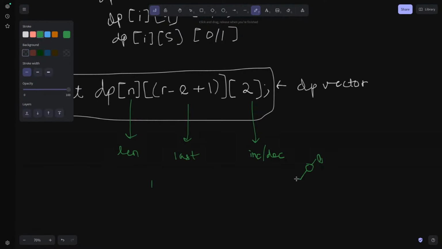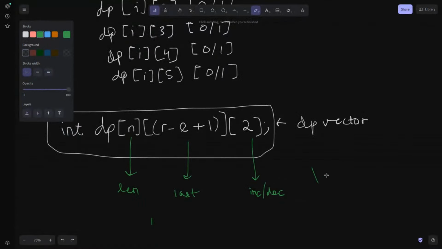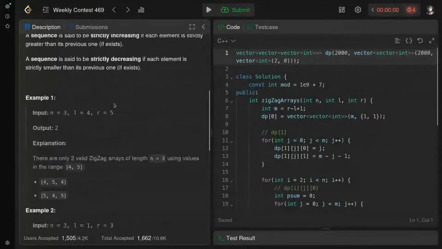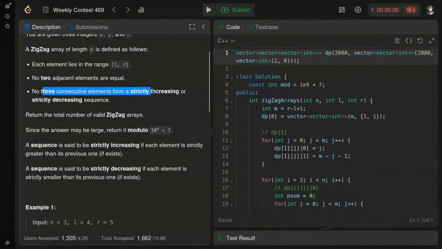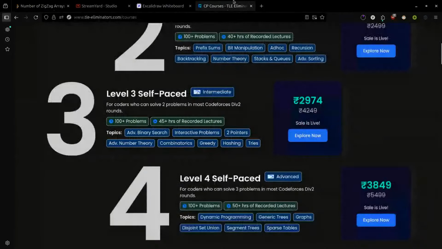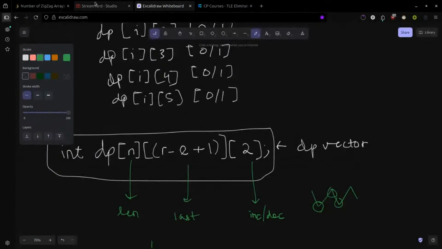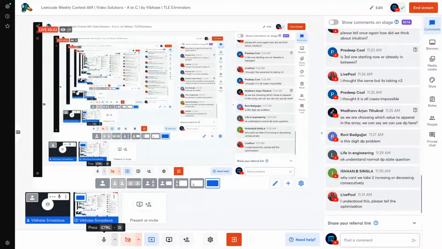If this was increasing and this was also increasing, then we got three values which are increasing in continuity. That's why we can't have two increasing continuously. We need a zigzag: this one is decreasing, this one is increasing, and this one is decreasing. It's given from the problem constraints itself that there should be no three consecutive elements which form a strictly increasing or strictly decreasing sequence. So we can't have an element increase from the previous element and then increase again. I hope you understand that issue.